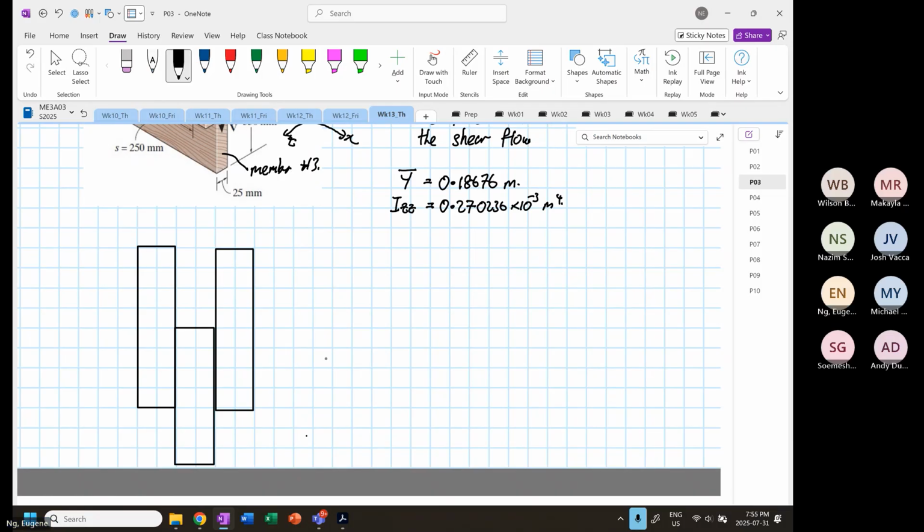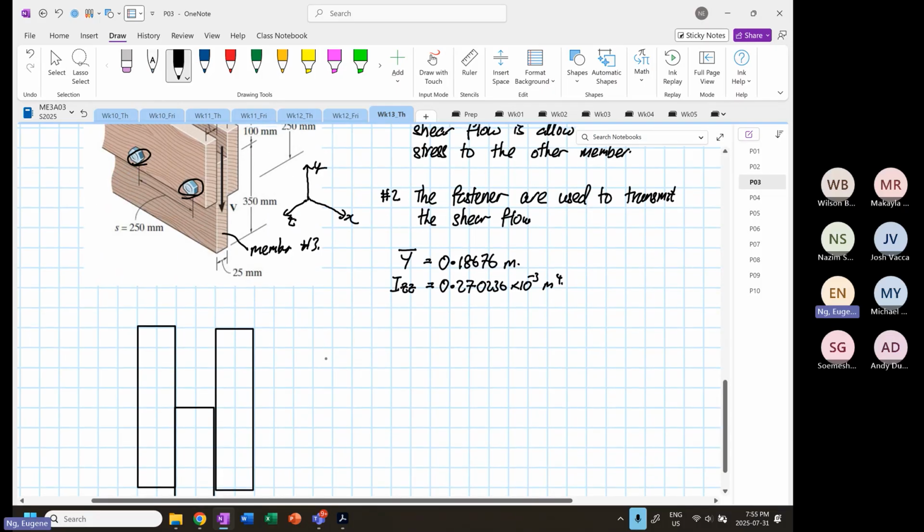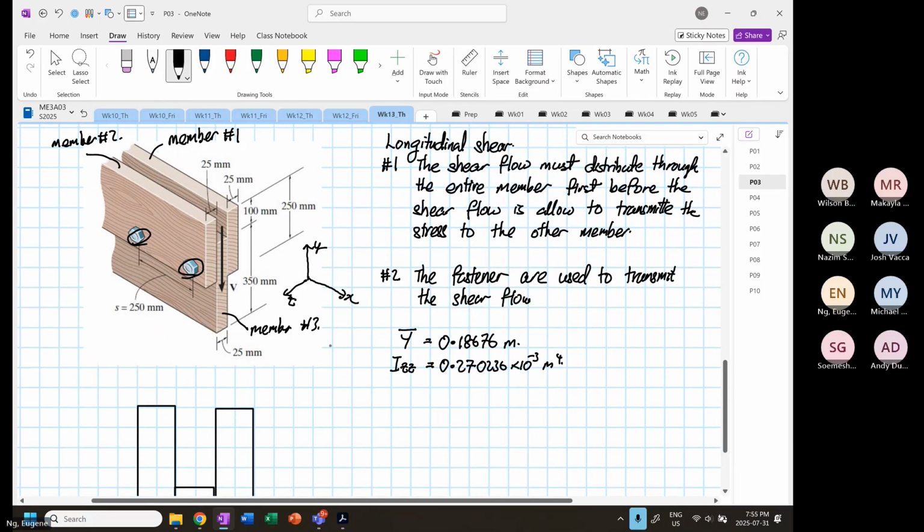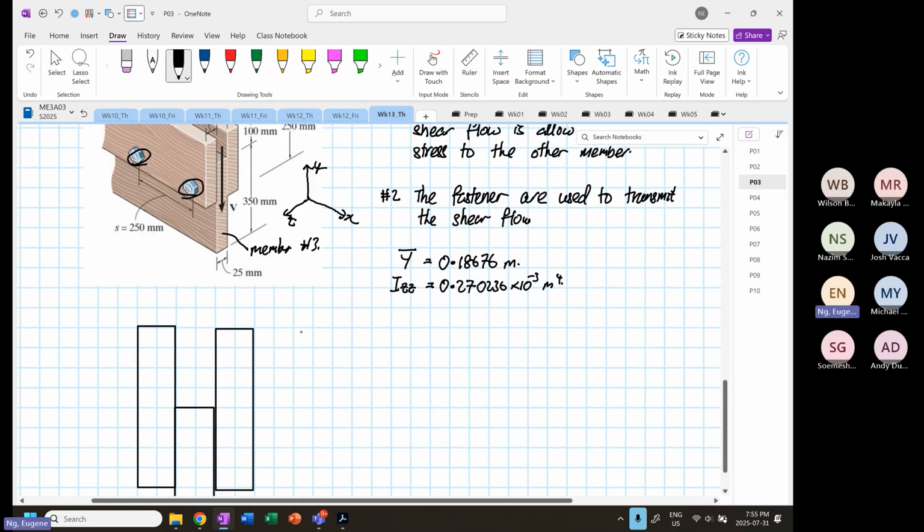Right? And then we have a bolt running through, right? Where the bolt runs through, they don't tell us. No information is given on where the bolt goes, right?